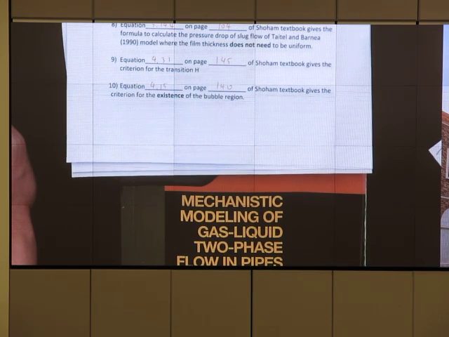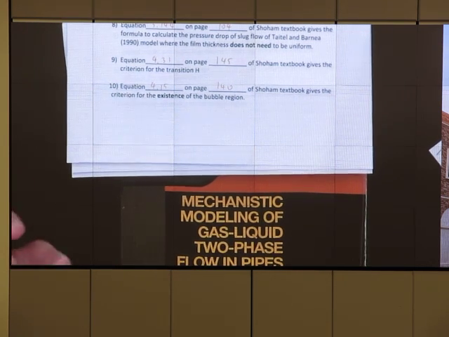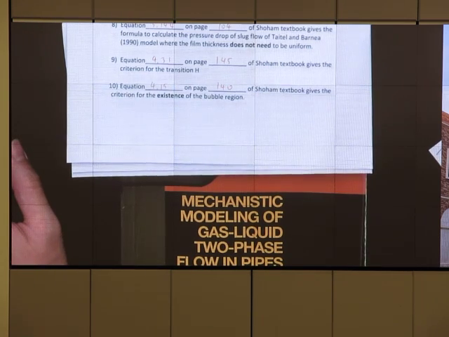So VTB depends on square root GD, right? When diameter is small, VTB is small. So once you form the Taylor bubble, it moves slowly and blocks the pipe. If you remember, we get 4.15 by comparing VTB and bubble rise velocity.